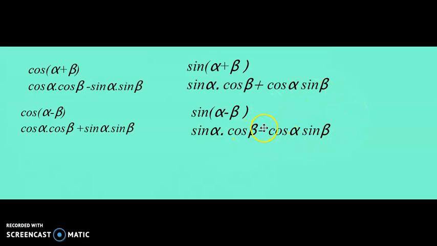The sign that is negative stays negative. Because it's alpha minus beta, my angles will be substituted alpha, beta, alpha, beta.